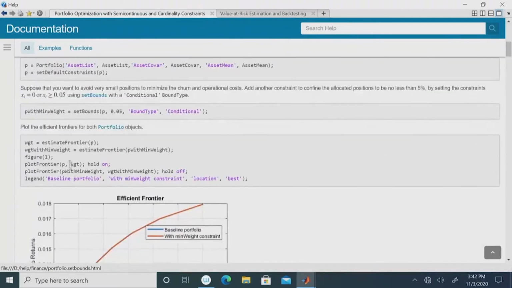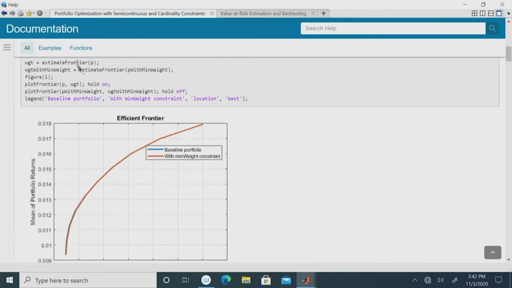Having done this, we now calculate the efficient frontier. The efficient frontier for the original portfolio P with the default constraint, I will designate as the efficient frontier with WGT, and then the efficient frontier with the minimum weight, that is, the one with the constraint of the weights being at least 5%, is carried out on P with min weight, which has set the bounds on it, and the corresponding W with min weight is basically going to give the efficient frontier.